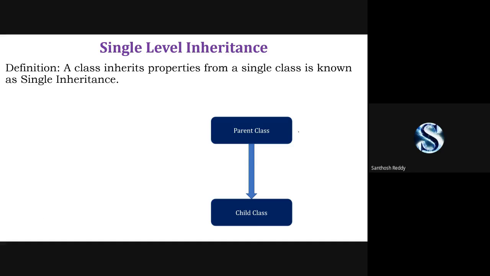I have a parent class and a child class. Now I have to extract the methods present in the parent class. First, you should have a relationship. If you want to have a relationship, how to create it? Using the keyword extends, you can create a relationship between your parent class and child class.